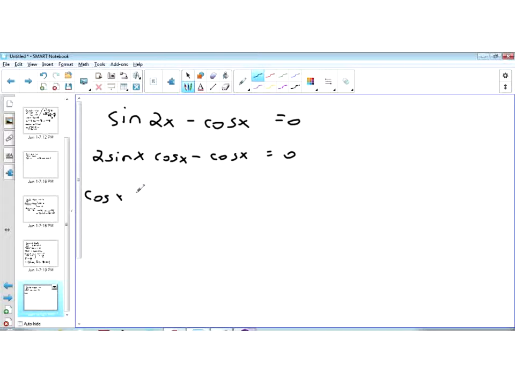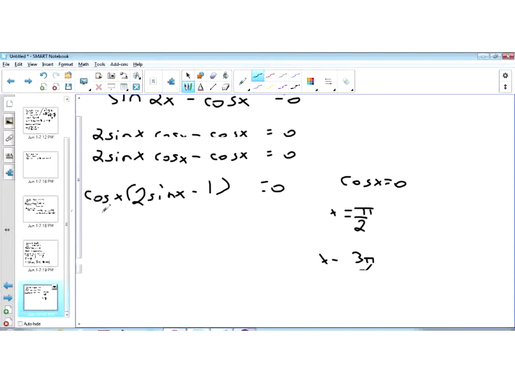Then we can factor out the cosine x. Okay, and then we set each factor equal to 0, so where does cosine x equal 0? That would happen at x equals pi halves, or at x equals 3 pi over 2.